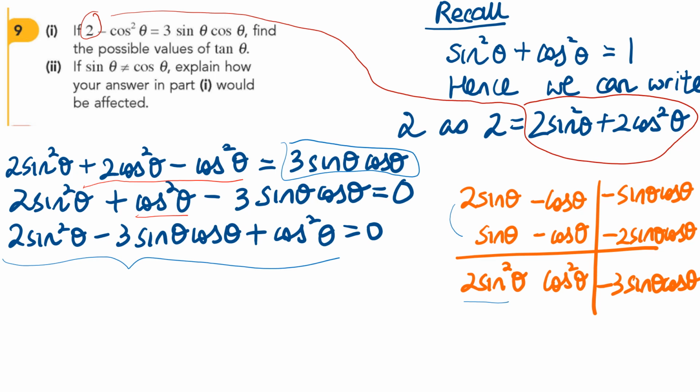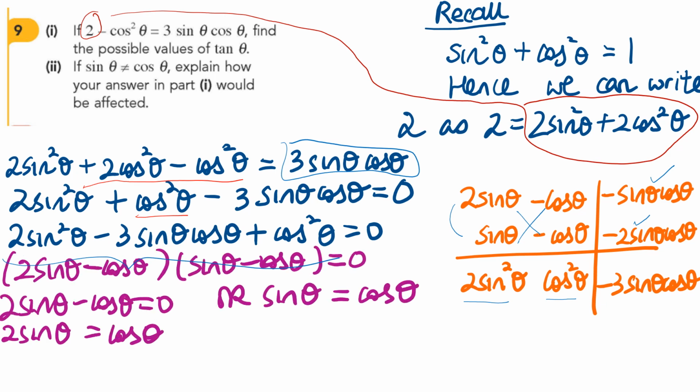Then negative cos theta times negative cos theta will give you cos squared theta. And then if you do a cross multiply, you will get this term, sine theta times negative cos theta, and then the other one, you get this. Okay, so this is how you factorize it. If you're not too sure, you have to do a revision on the cross method again.